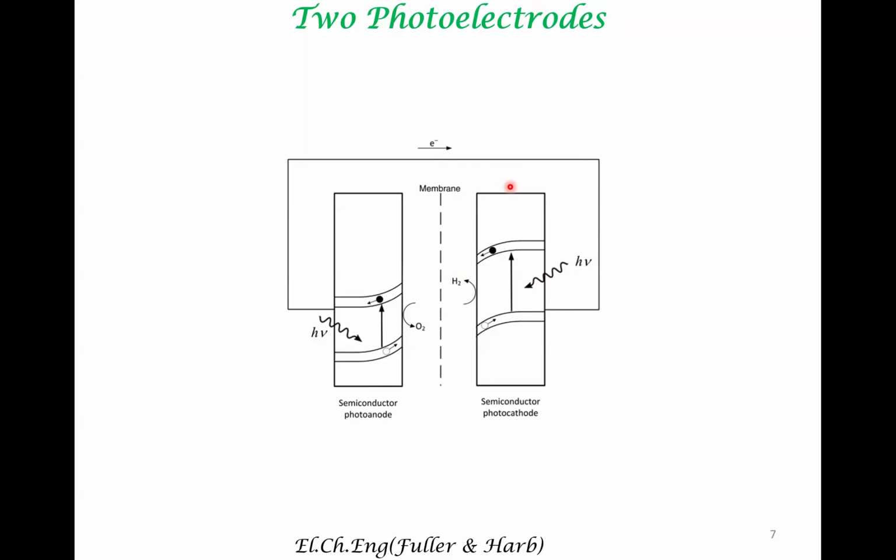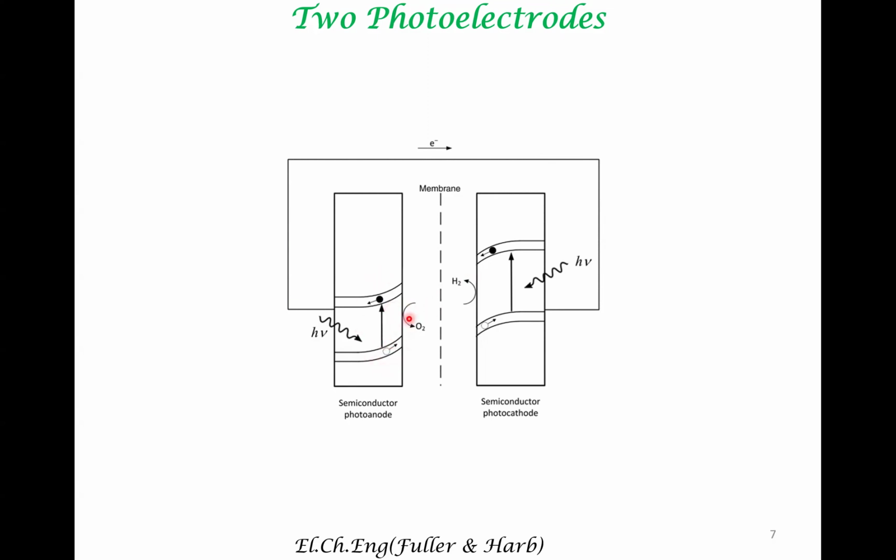Another approach involving two photoelectrodes, a photoanode that generates oxygen and a photocathode that generates hydrogen, has also been attempted. This also has a lot of advantages, but eventually this has also not generated any commercial technology.